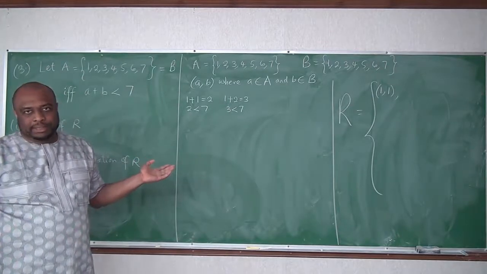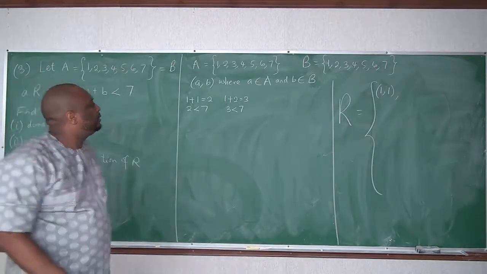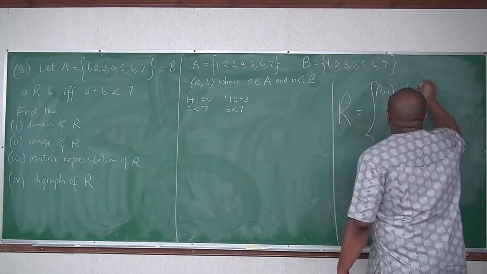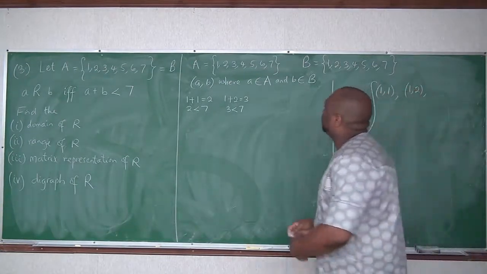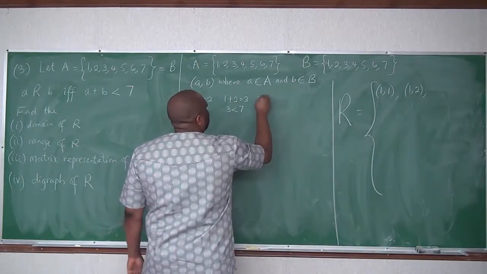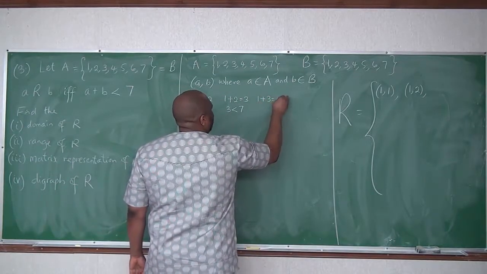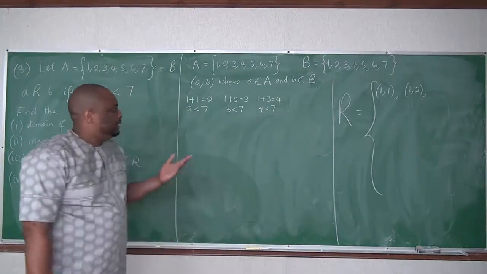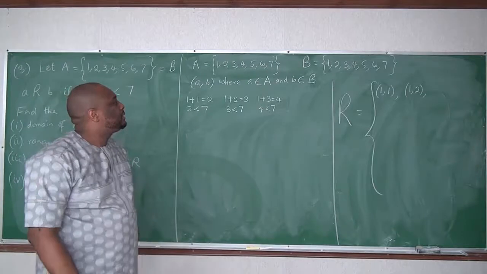So this works also. So we have 1 comma 2, comma. We get 1 plus 3, 1 and 3. 1 plus 3 is 4. 4 is less than 7. So this works.